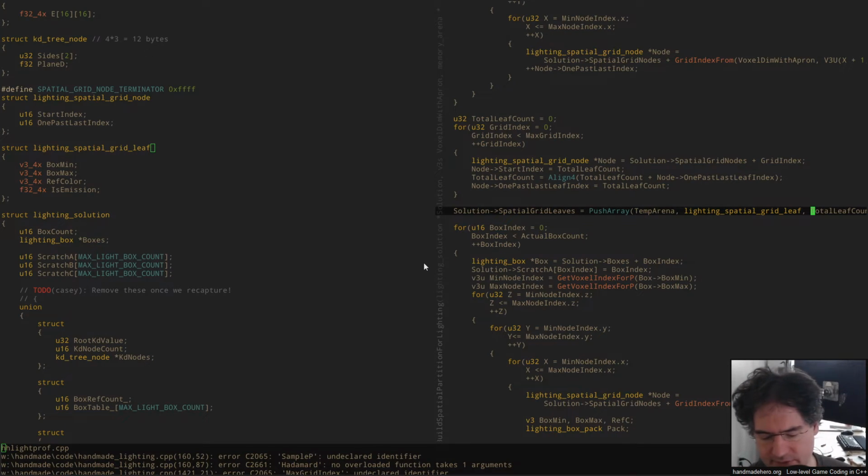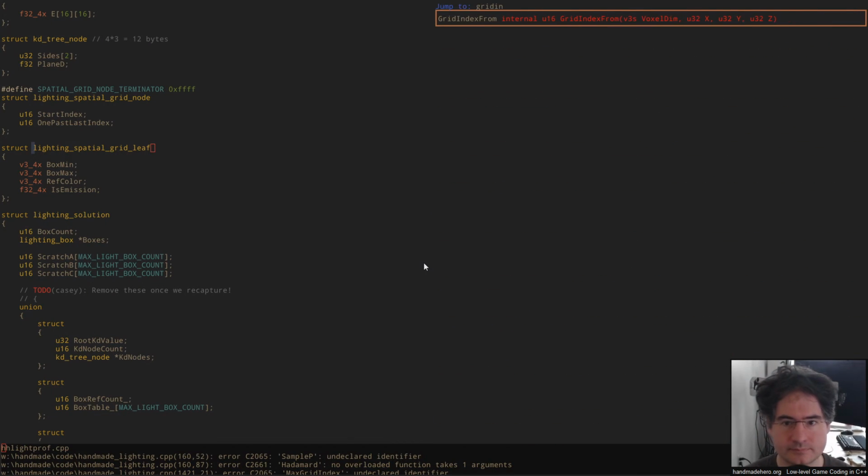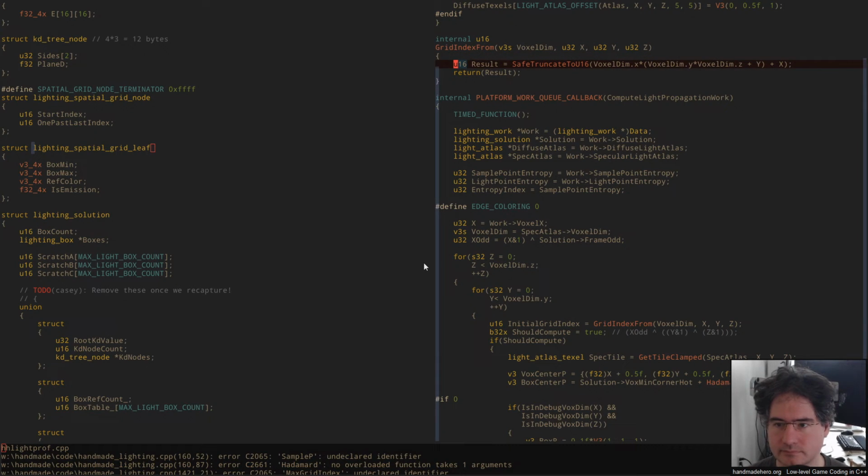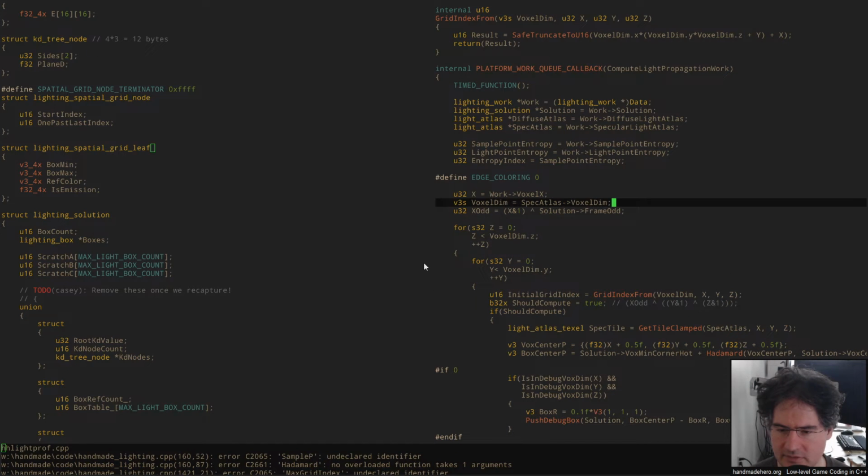What's the bug in grid index from? It looks like it's missing a Z, actually. Yeah, that's weird.